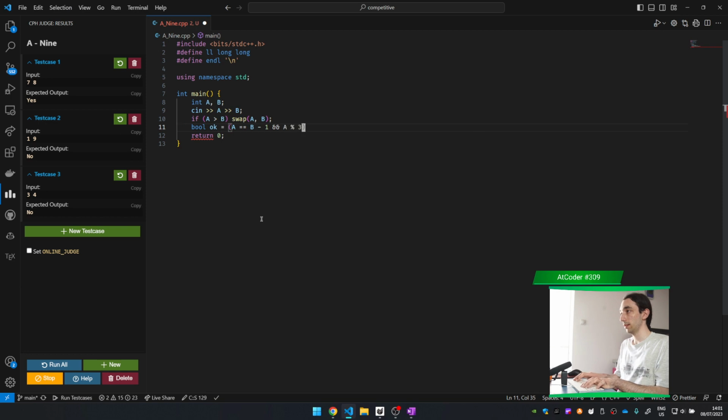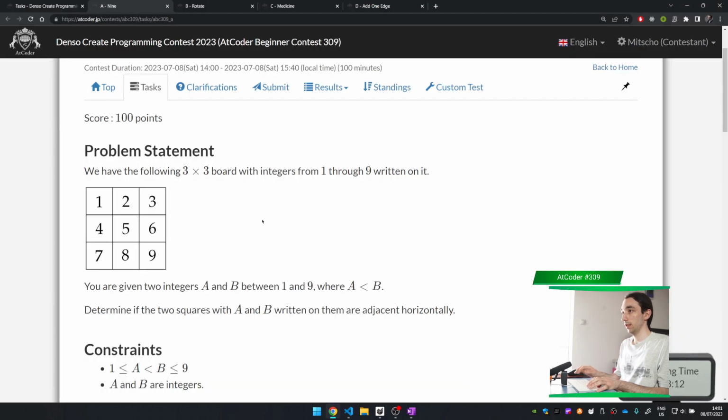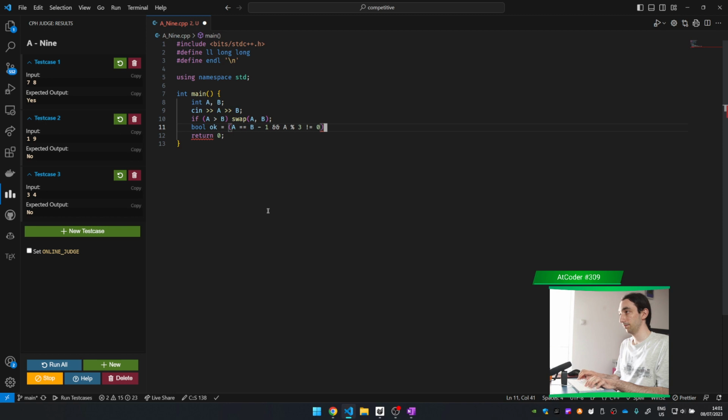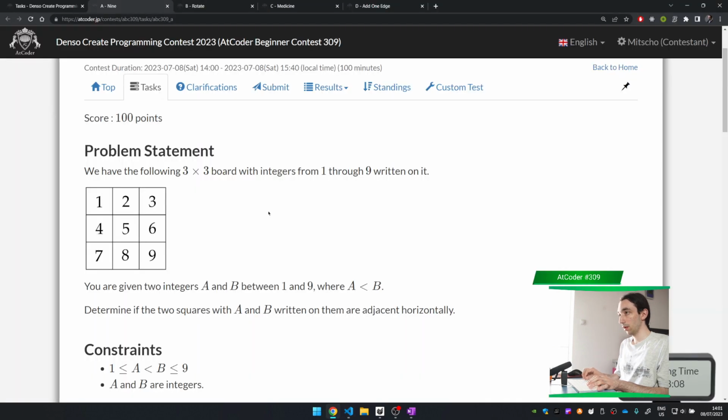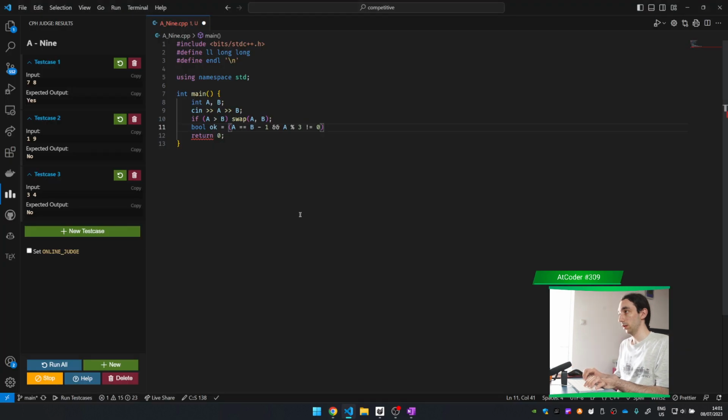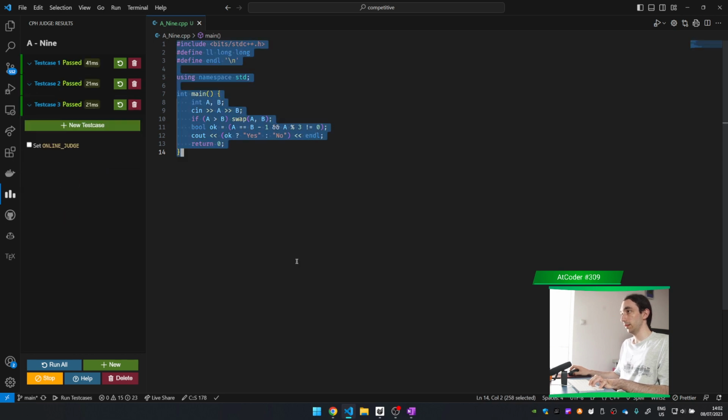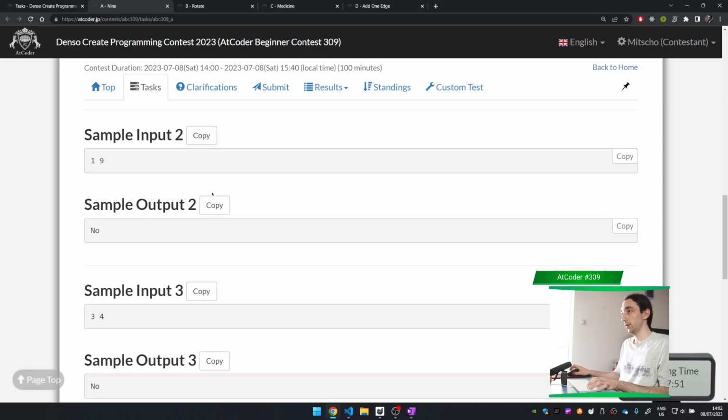So a is not divisible by 3, and the difference should be 1.